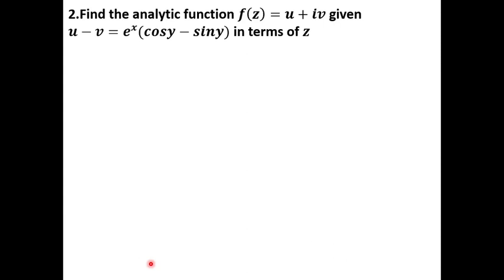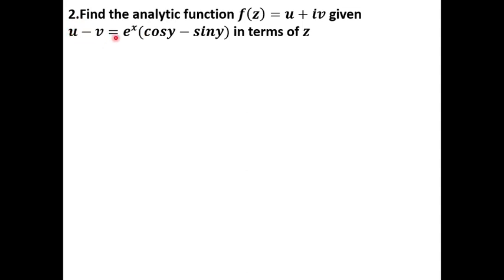In the previous problem, they gave the imaginary part, and in the last class we discussed how to construct the analytic function from the real part. In the last problem, we constructed the analytic function from the imaginary part. Now see this problem.